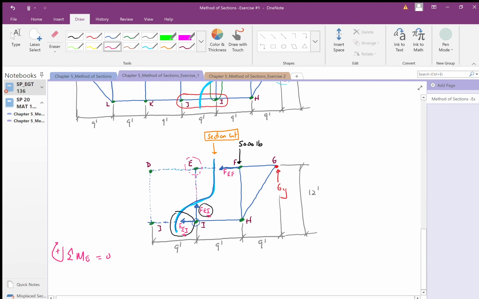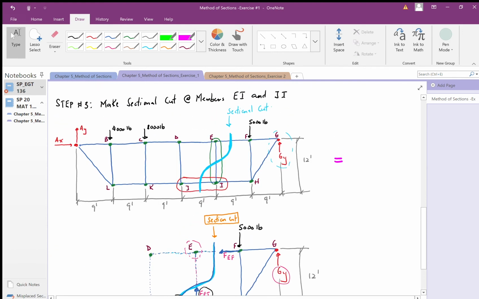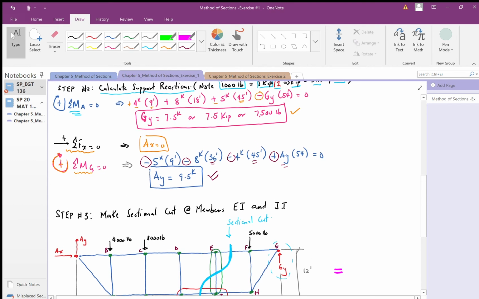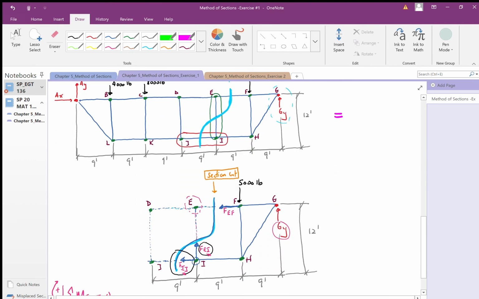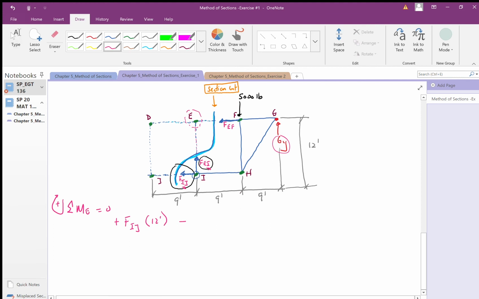My force IJ happens to be 12 feet away, and it's going to give me a positive moment. And then I have my GY, my support reaction. GY happened to be 7.5 kips, and that's going to be 18 feet away from point E, right? And that's going to give me a negative 7.5 times 18 feet.